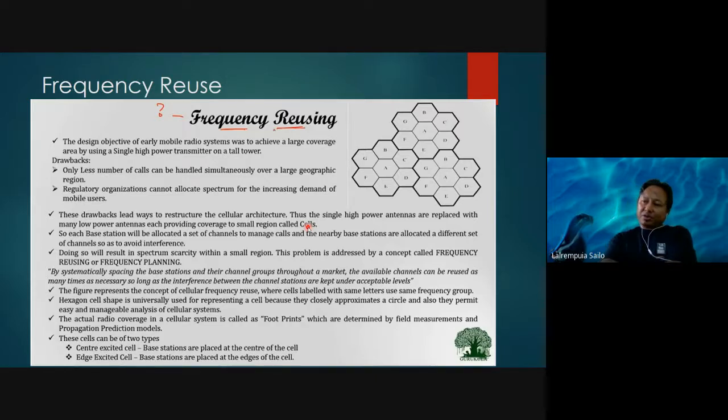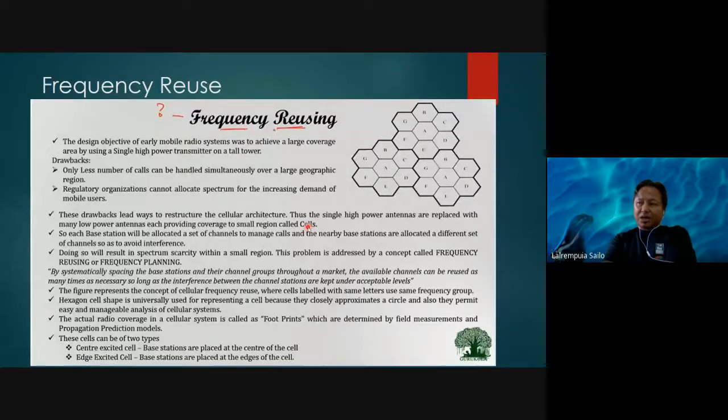So each base station will be allocated a set of channels to manage calls, and the nearby base stations are allocated different sets of channels so as to avoid interference.